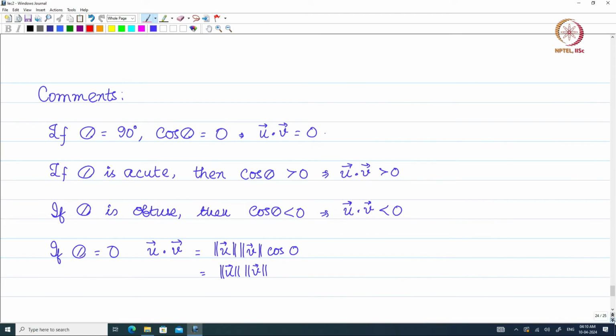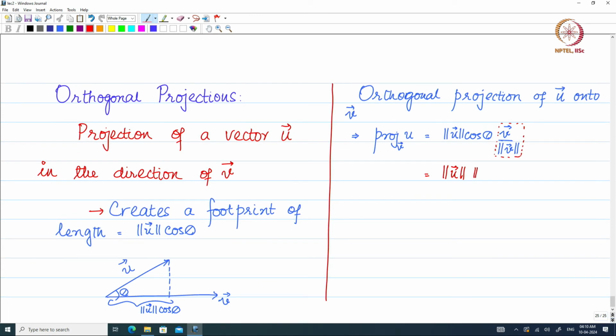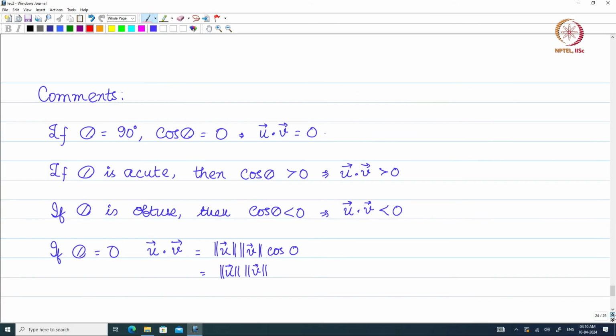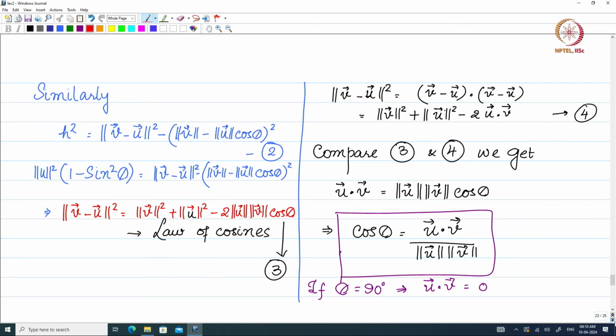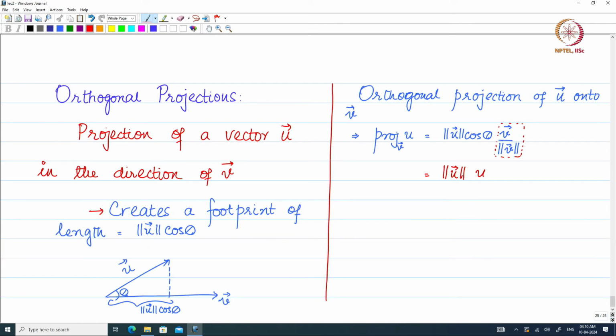So, let us use the same thing: u into u dot v divided by length of u into length of v, in the direction of the unit vector, which is v divided by its norm.